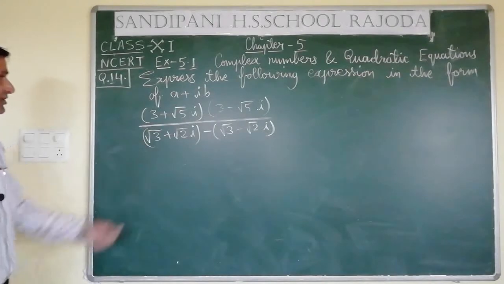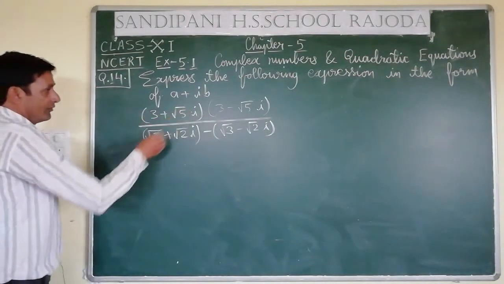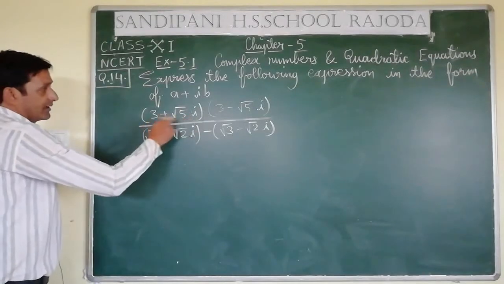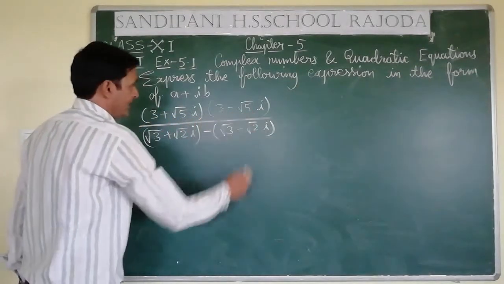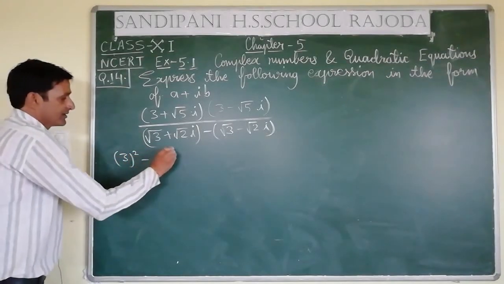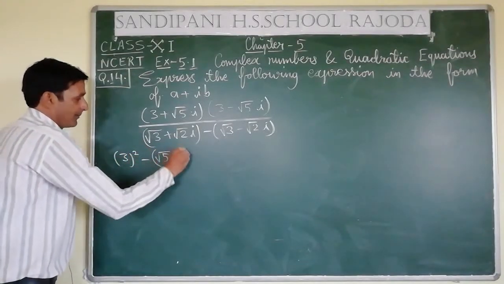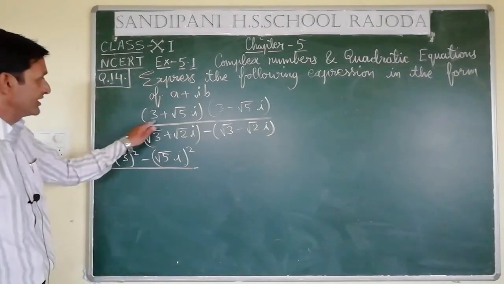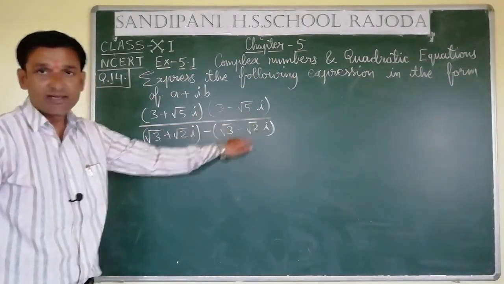So first of all we have to solve this numerator part. It is a plus b into a minus b, which can be written as a square minus b square. Here the applied formula is a square minus b square. Why is it so? Because it is a plus b and this one is a minus b.